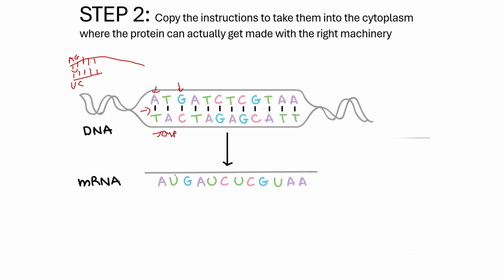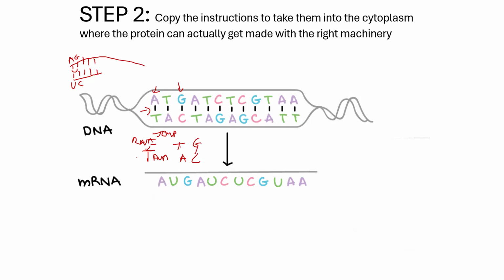So knowing this, we know that if we're reading this, right, the T on the DNA is going to lead to the RNA placing its complement, the A. If we have a T, we'll get an A on the RNA. If we have a G, we'll get a C on the RNA, and so on and so forth.